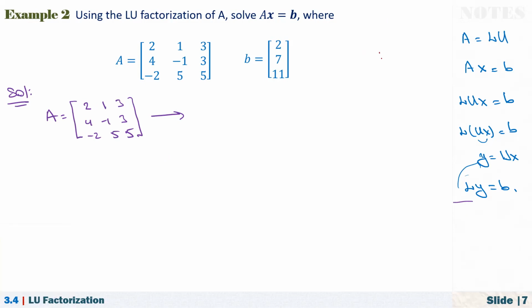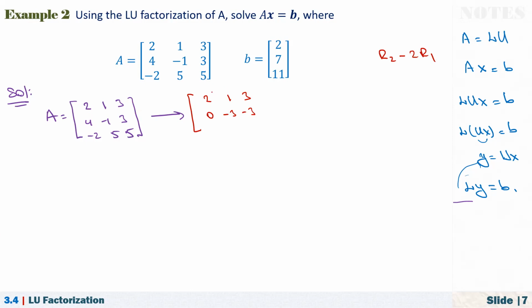The first one is R2 minus 2 times R1. So here we have 2, 1, 3, and multiply the first row by negative 2, added to the second row. So here we have 0, negative 2 plus negative 1, that's equal to negative 3. And here we have negative 6 plus 3, that's equal to negative 3.